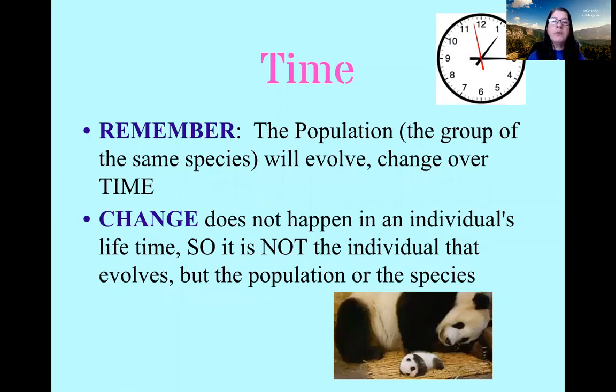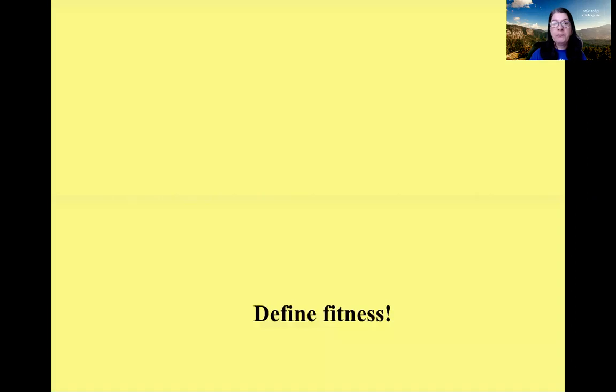So you also need to remember that it is the population, right, that will evolve, that will change over time, not an individual organism. So change does not happen to an individual organism. It does not happen in an individual organism's lifetime. The change occurs over many generations. It takes time, and it changes either the population or the whole species.